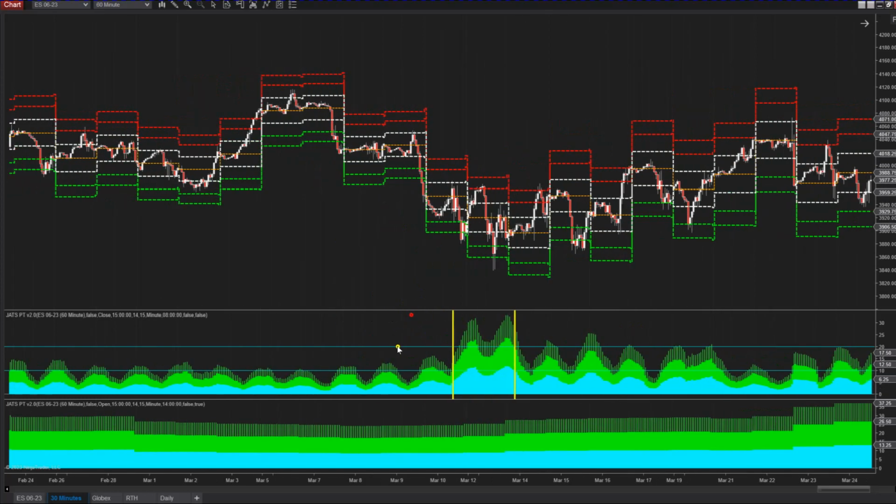And here you were in your middle level. It was a really nice vol move, on low vol actually. The range expanded on low volatility.